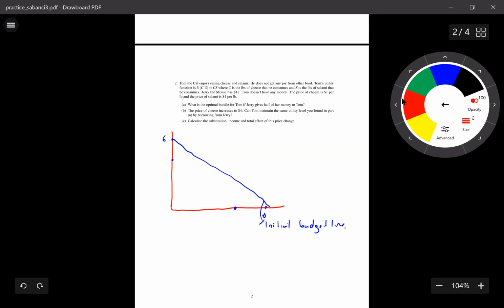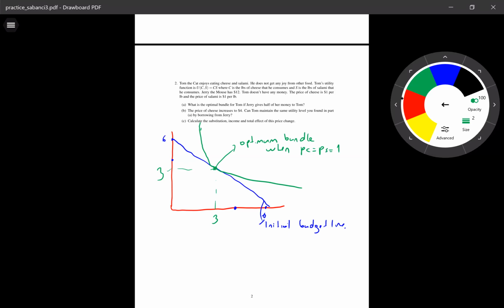What we have done in part A is find the optimum bundle with this initial budget line, and the optimum bundle is 3 and 3, when PC is equal to PS is equal to 1.